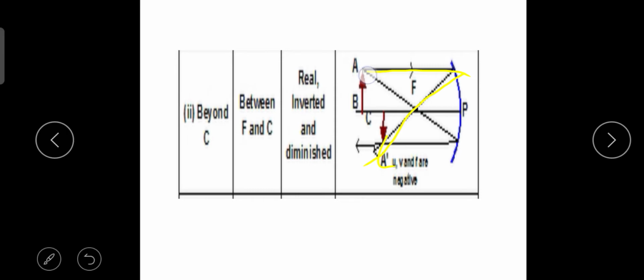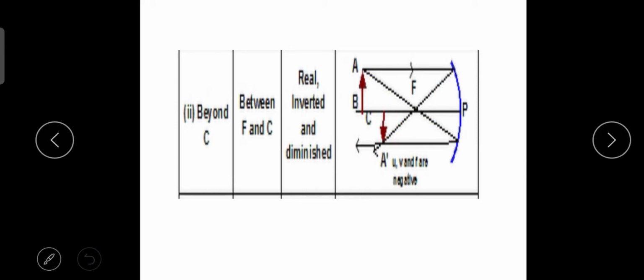So the second ray will pass through the principal focus. According to the law, if the incident ray is passing through the principal focus, it will be reflected parallel to the principal axis.